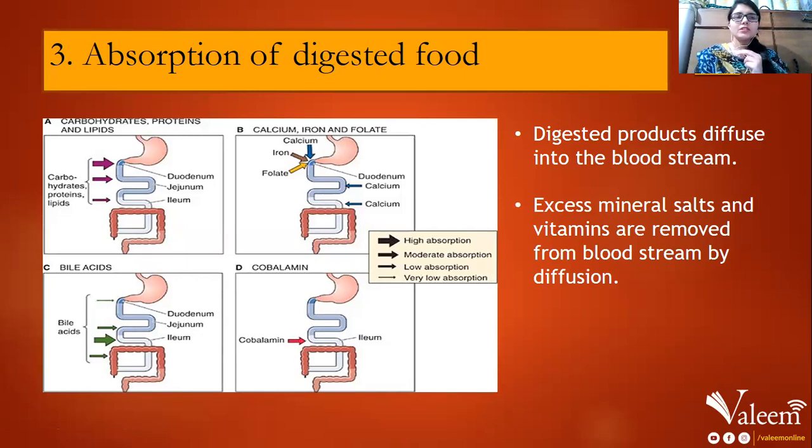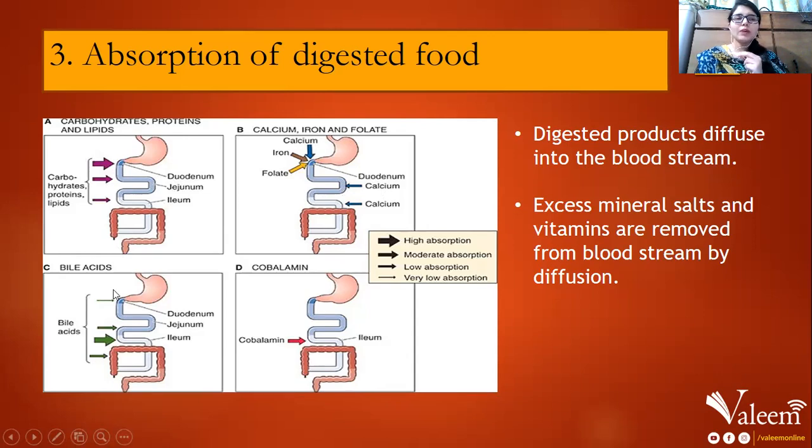Certain carbohydrate, protein, and lipid get absorbed in different areas of our intestine. Carbohydrate is absorbed more in the duodenum, less in the jejunum, and least in the ileum. Calcium, iron, and folate are highly absorbed in the duodenum, whereas calcium is further absorbed in the jejunum and ileum part of the small intestine.